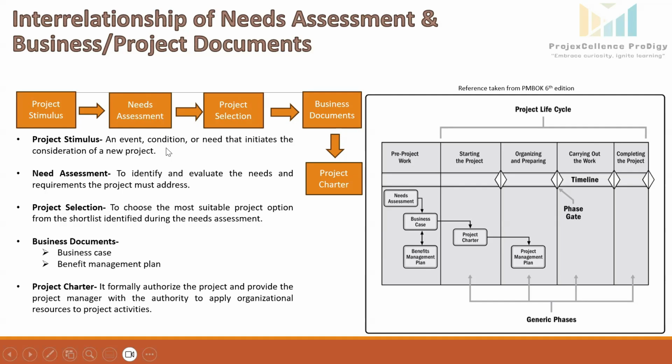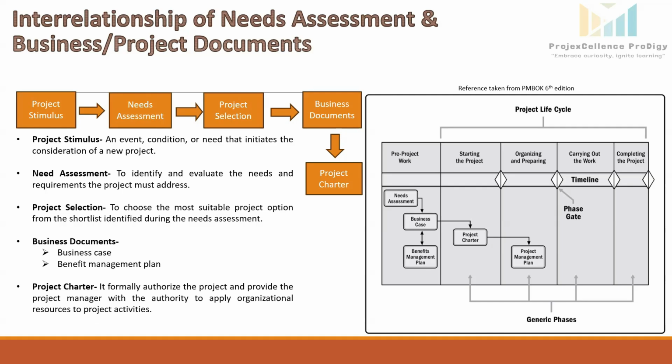Let's go through this flow chart which is showing the project journey. So the first step in the project journey is the project stimulus or project trigger, which is an event, condition, or need that initiates the consideration of a new project.